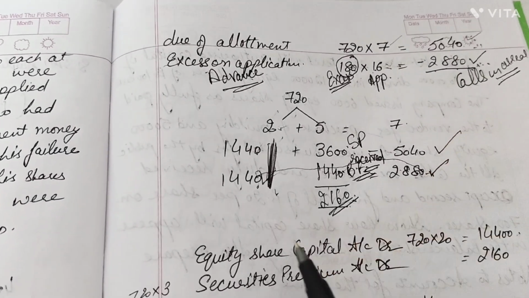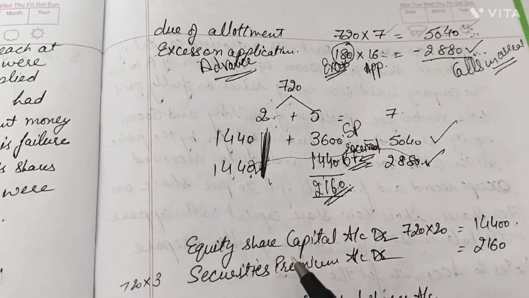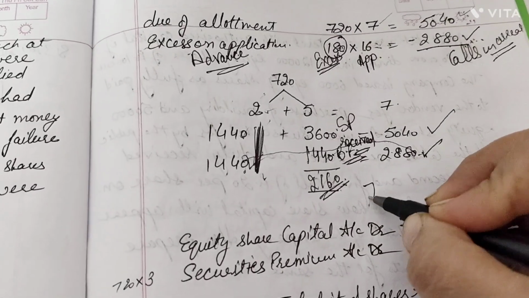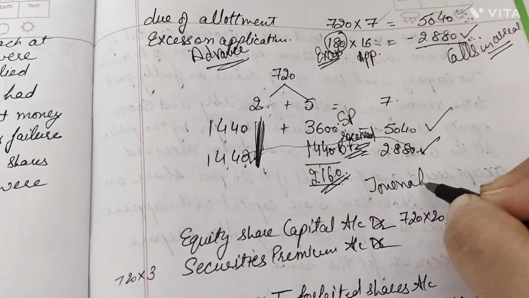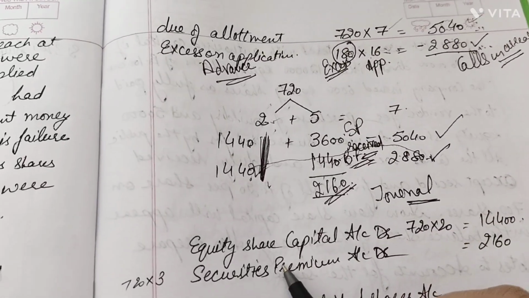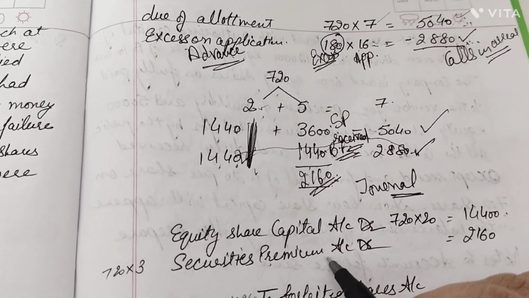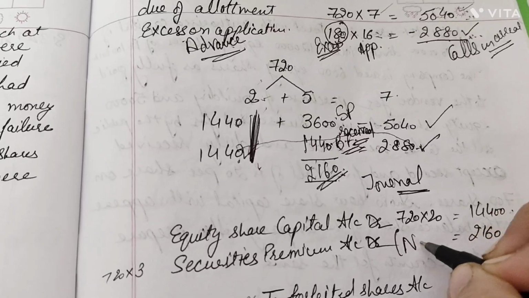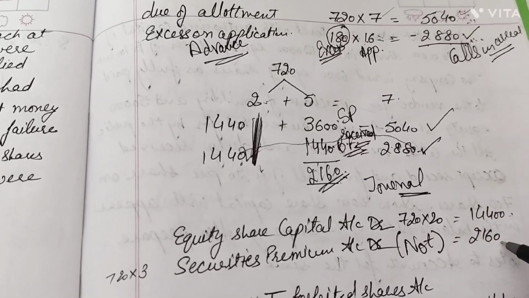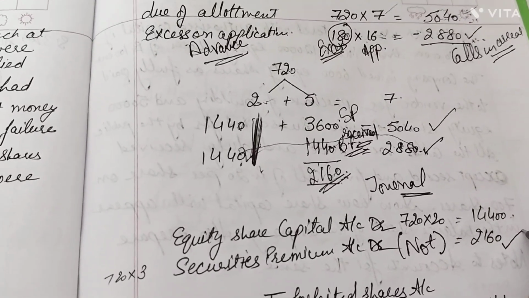So when we have to pass the journal for forfeiture of shares, we have to take only that part of premium which is actually not paid by Deepak. So how much was the premium value which is not paid by Deepak?